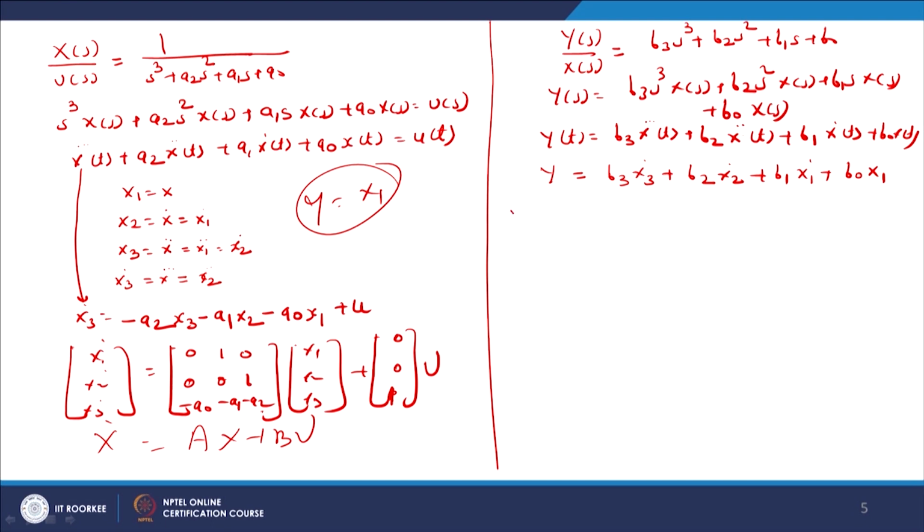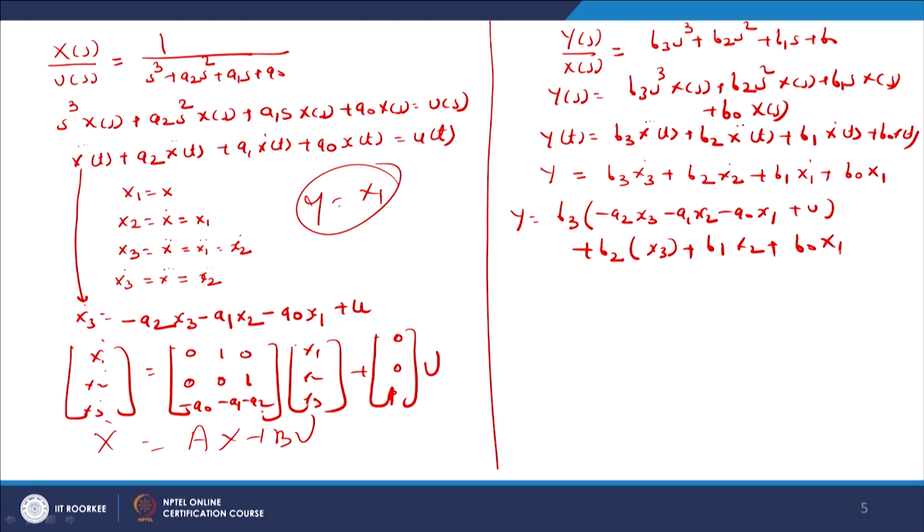Now we write y equals b3 times x3 dot, where x3 dot equals minus a2 x3 minus a1 x2 minus a0 x1 plus u, plus b2 times x2 dot, where x2 dot equals x3, plus b1 times x1 dot, where x1 dot equals x2, plus b0 into x1.